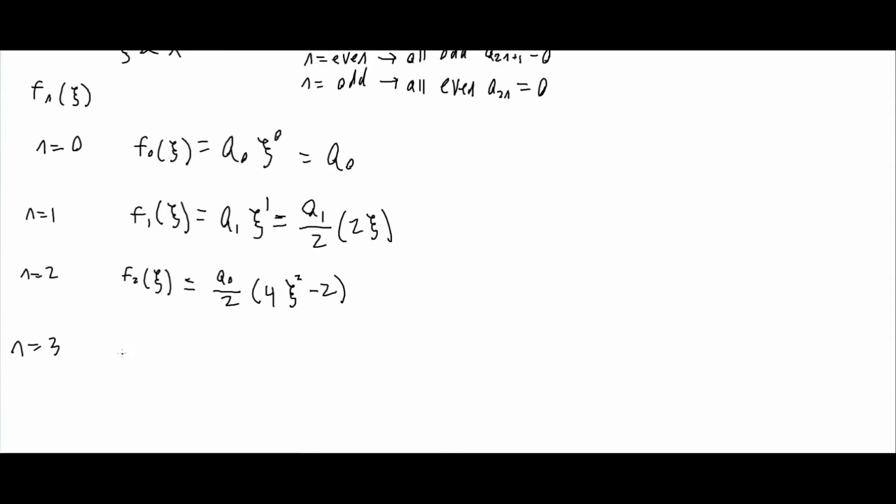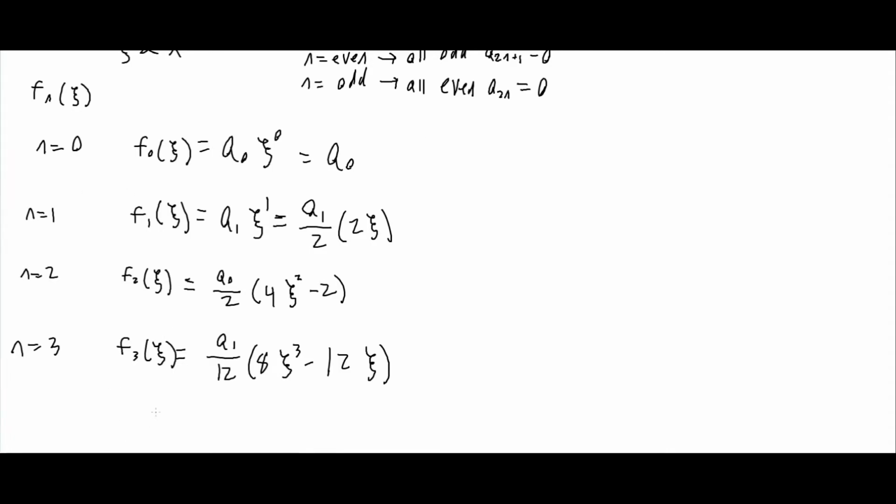last one that we'll look at here. N equals 3, so f3 of xi is going to equal a sub 1 over 12 times 8 xi to the 3rd minus 12 xi. And we can compare these to the Hermite polynomials.